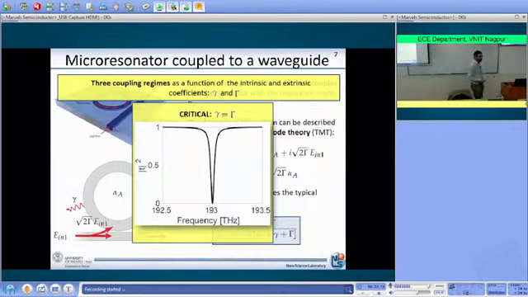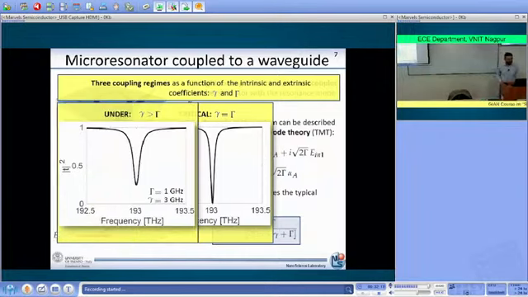Then you may have another condition, and this is called the undercoupling condition. You have that the coupling factor, capital gamma, is smaller than the loss, small gamma. So in this case, you are inserting into the microring resonator less power that is lost by the microring resonator.